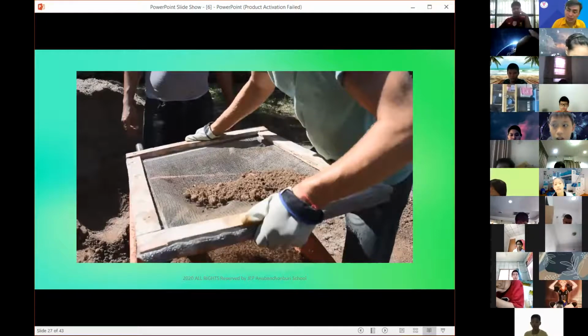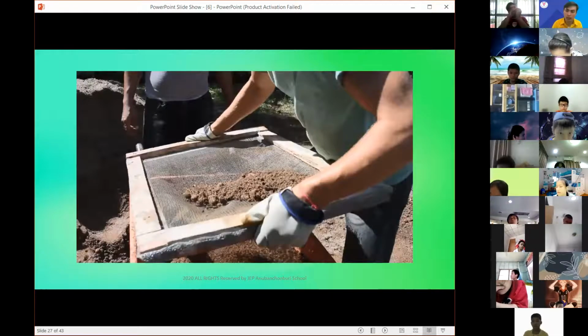Big, right? Because if Panatat uses a net with very small holes, even the small fish will be caught, and Panatat doesn't want that. So if Panatat wants to get the big fish only, he will use a net that has big holes. So right there, we can see that the idea of sifting is used as well.